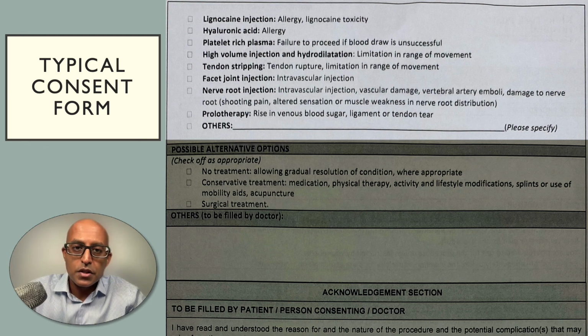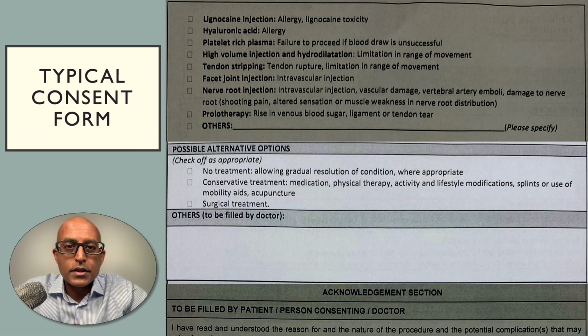This can include not just steroid, but also things like hyaluronic acid, PRP injections, high-volume injections and hydrodilatations, tendon strippings, facet and nerve injections, and each of these have complications or potential complications listed, and it's useful to have it very clearly written like this. So as you're taking consent, you can go along the list, ticking and crossing out whatever is appropriate or inappropriate to the patient.